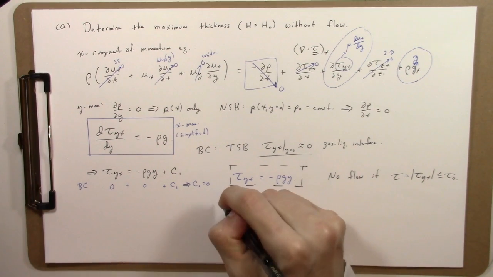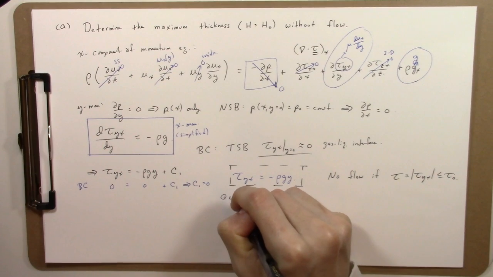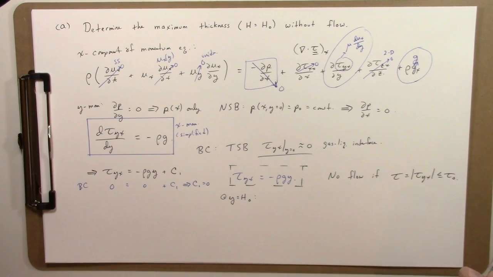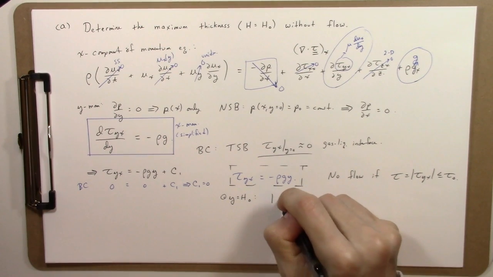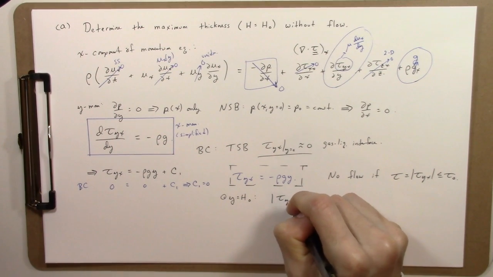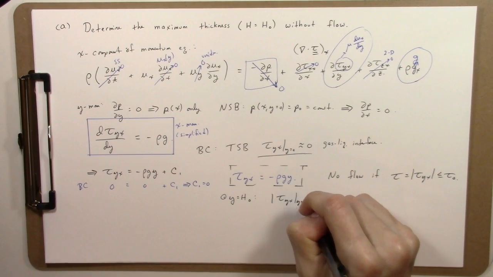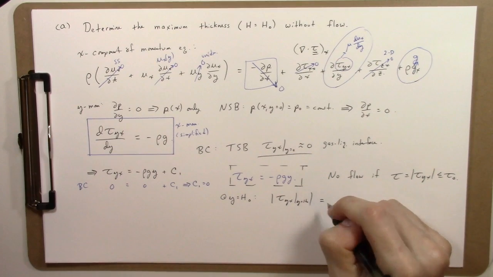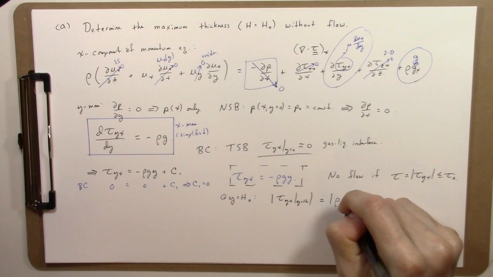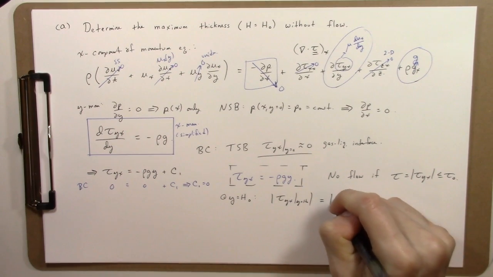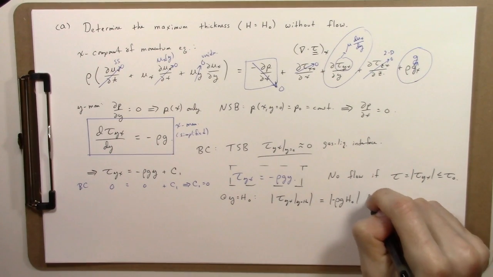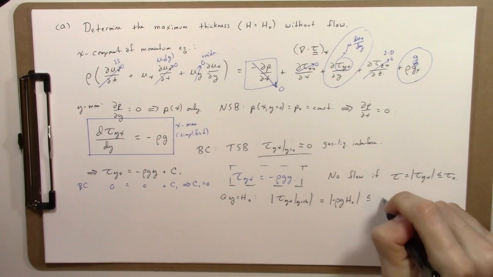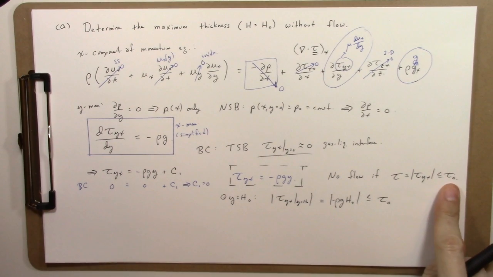So we can simply say at y equals h naught, we want the absolute value of tau yx at y equals h naught, which is equal to the absolute value of rho g h naught, to be less than or equal to the critical yield stress tau naught.